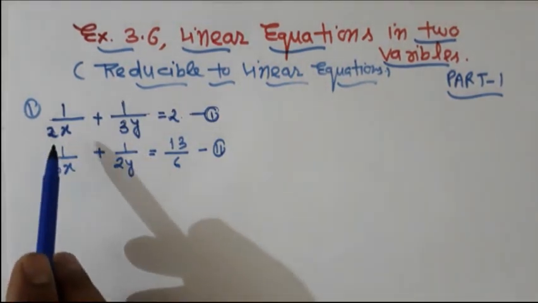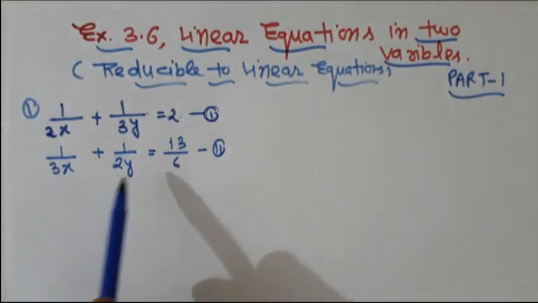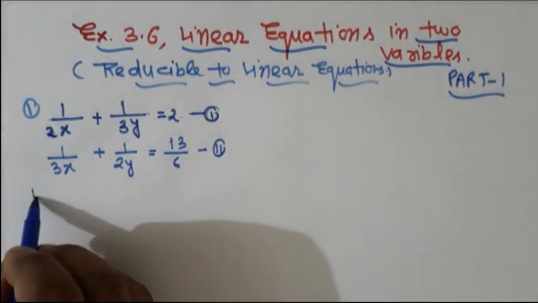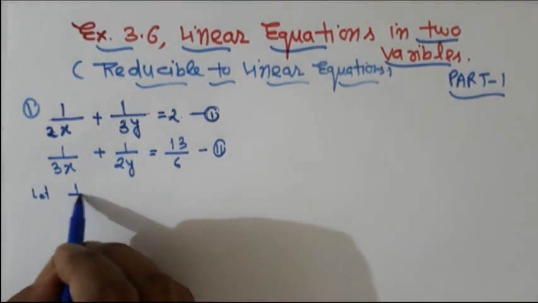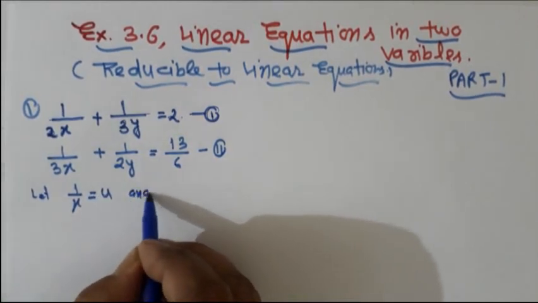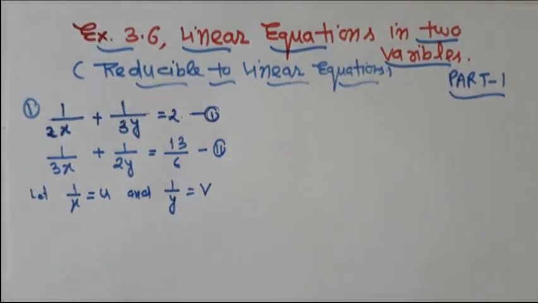Here in question number 1 we have 1 upon x and 1 upon y, here also 1 upon x and 1 upon y. The trick is: let 1 upon x be equal to u and 1 upon y be equal to v.